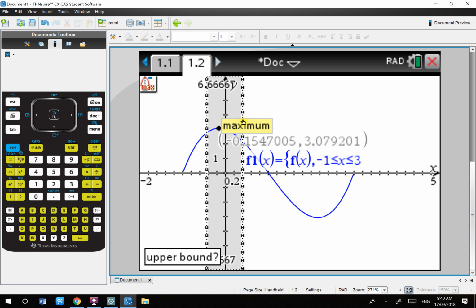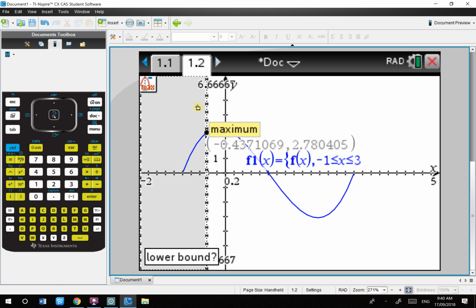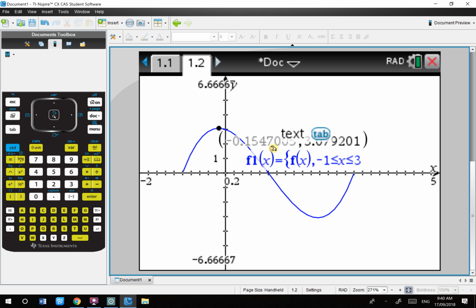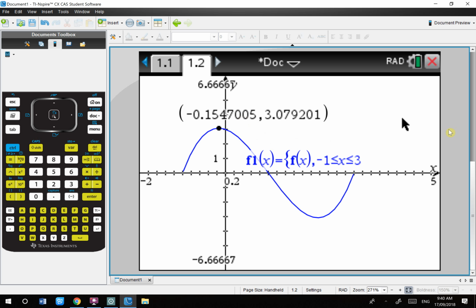You can move it somewhere, but you can't move it too much. All you want to do is include that maximum point in it, and press enter again. This will be the value. To 1 decimal place it is -0.2, 3.1.